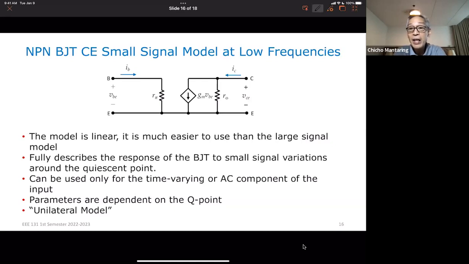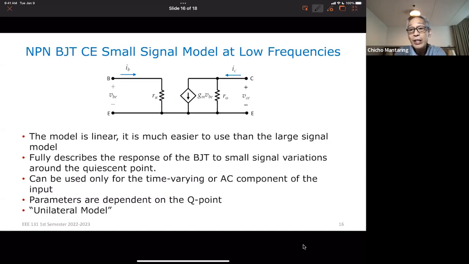When you have a PN junction, there are charges that are displaced, and therefore you have a capacitance.